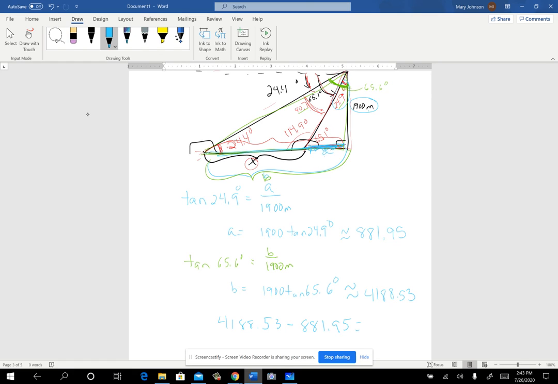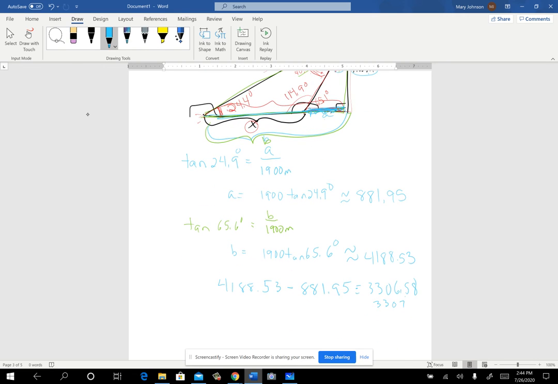I like to keep a little more accuracy on things until I get near the end. That gives me 3,306.58, and it said round to the nearest meter. So if I round to the nearest meter, this would be 3307. And that would be 3,307 meters apart.